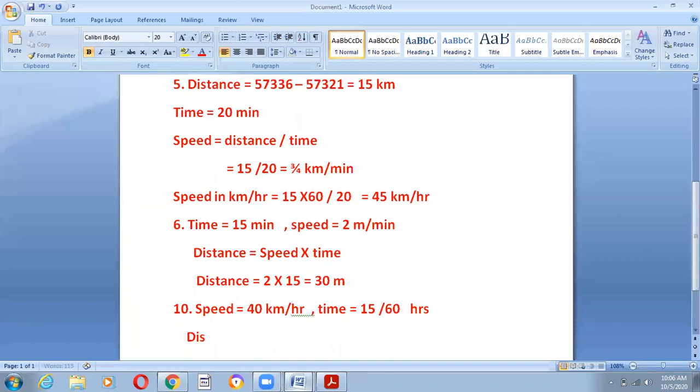So distance during this duration: distance is equal to speed into time.